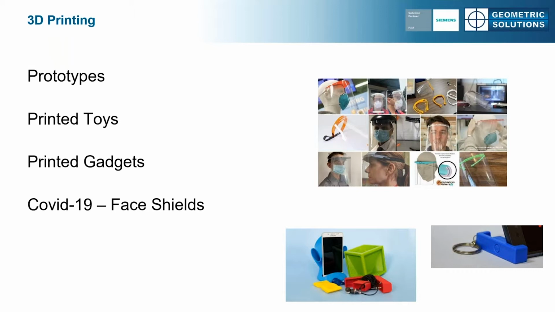So anybody with a 3D printer was printing the different pieces for face shields. 3D printing has also been used quite a lot for gadgets, something to hold up your phone. A lot of times people are making toys with it. And then we use 3D printing a lot for prototypes as well.